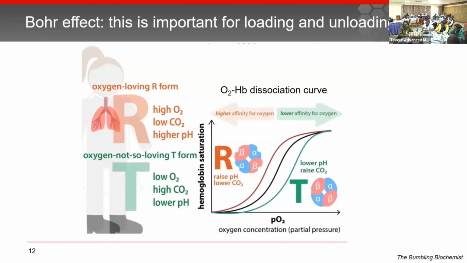And then as you come down the slope to where it plateaus, that is where we are looking at the tissue, where we have low oxygen levels. In between is where we have the different parts of the body, like the kidneys, where we have the start of the capillary bed.